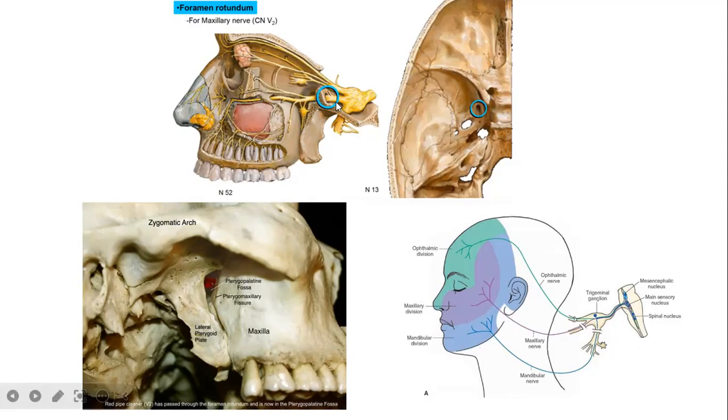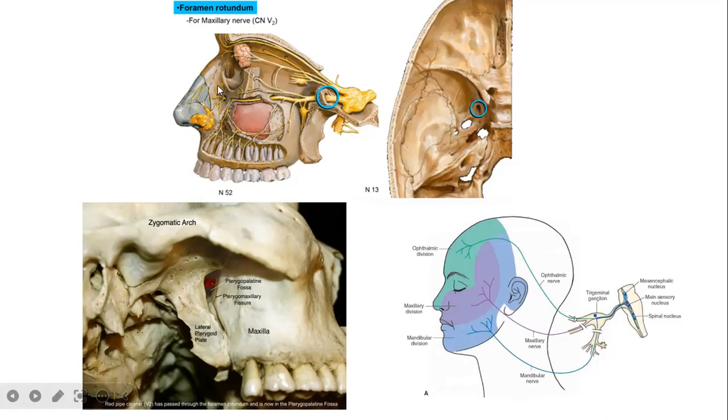Branch within the cranium is the middle meningeal nerve. Branches within the pterygopalatine fossa are the zygomatic temporal and zygomatic facial nerves, the pterygopalatine nerves and its branches, and your posterior superior alveolar nerve. As the trunk enters into the infraorbital canal, it supplies two branches, middle superior alveolar nerve and anterior superior alveolar nerve.